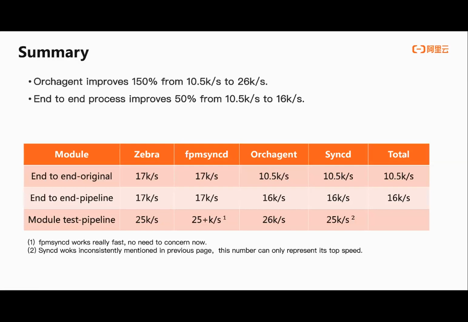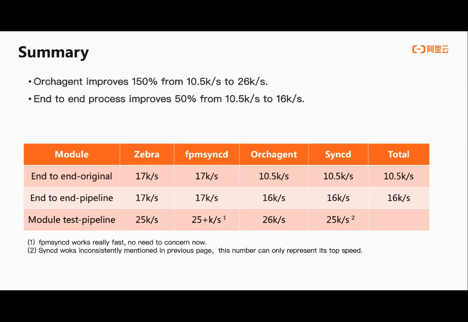So when you say FPM SYNCD module test, you're sending the routes from Zebra and then FPM SYNCD is dropping them? FPMSYNCD writes the routes to Redis. Okay, so it's still the end-to-end test, but we are looking at the performance at each point. Yeah, I test FPMSYNCD from Redis to see how many routes it pushes to the APPL DB.